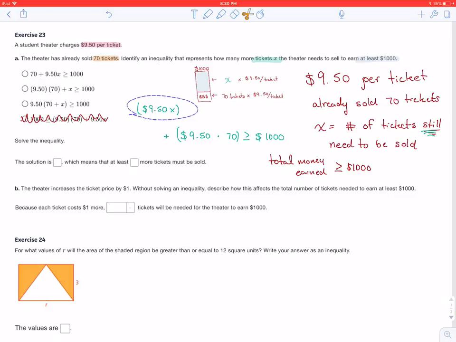You might notice that this actually looks like one of our factoring problems. We have 9.50 in both of these expressions, and so we can factor out $9.50 from that left side of the expression.